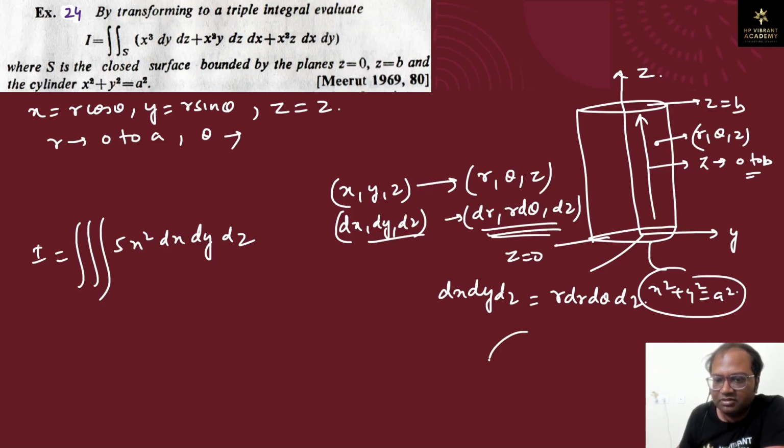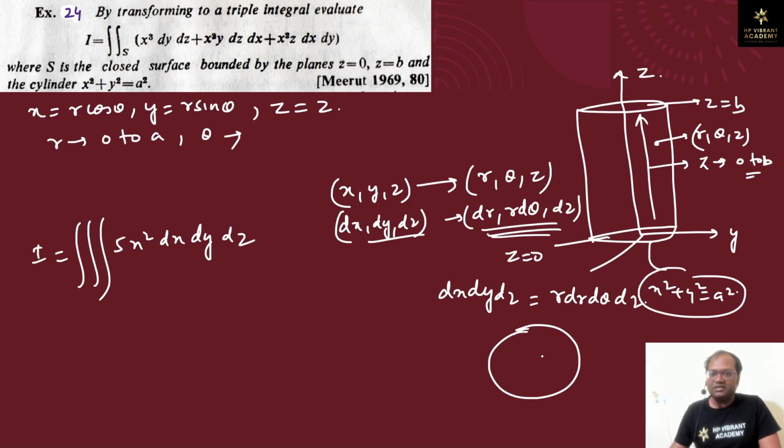Theta varies from, since it is a circle, let us plot this. Sorry, this is a cylinder. The surface is a planar surface, it's like a disc. Let us take an arbitrary element at an angle of d theta to the horizontal, at a distance of r. The radius vector is r at this particular point.